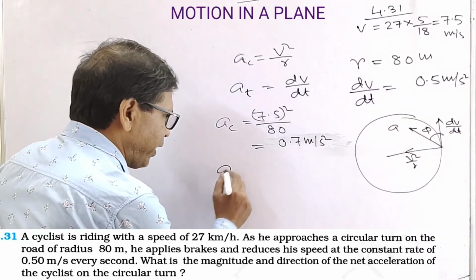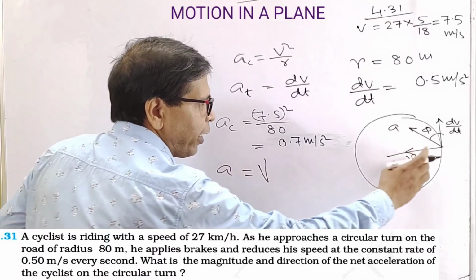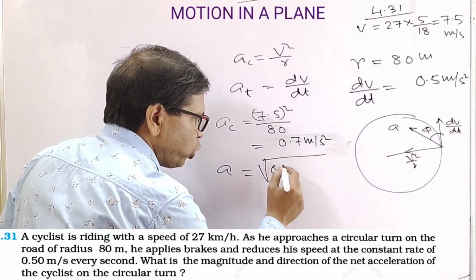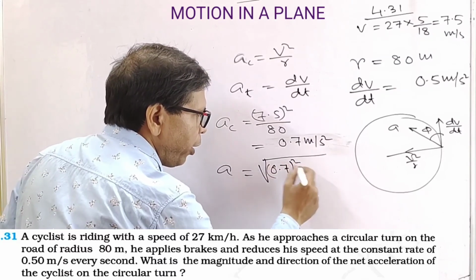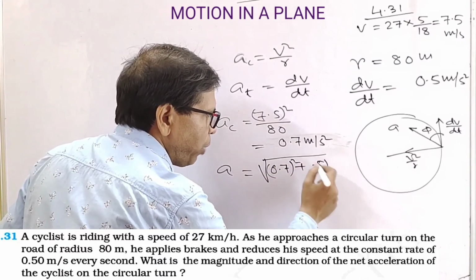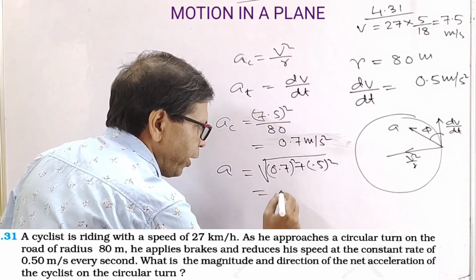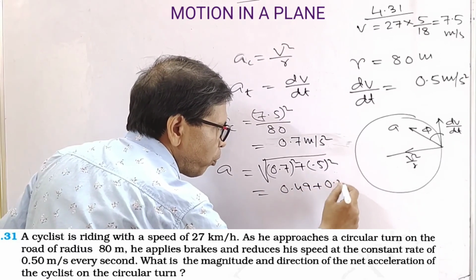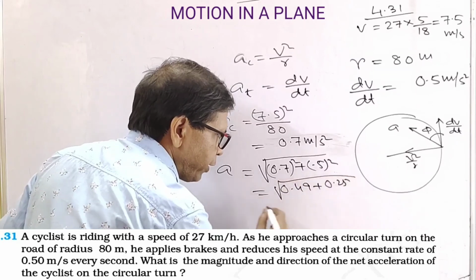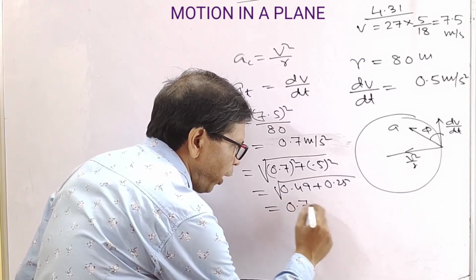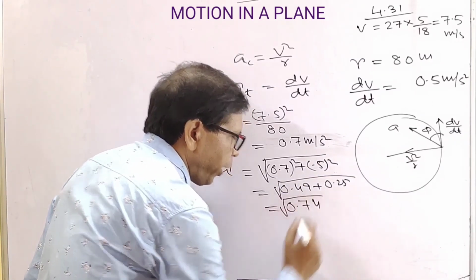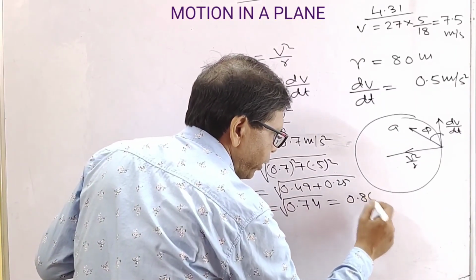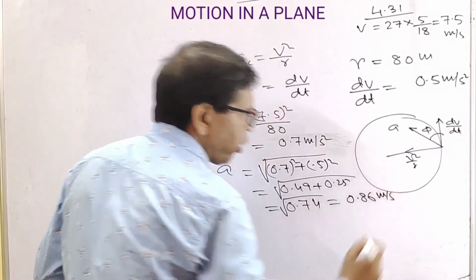So net acceleration a equals the square root of 0.7 whole square plus 0.5 whole square. This is 0.49 plus 0.25, which is 0.74, and this is almost 0.86 meter per second square.